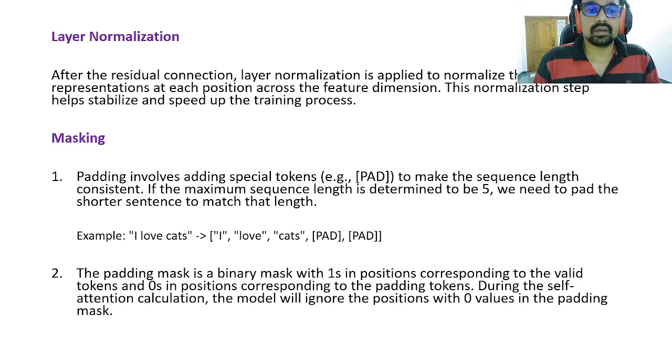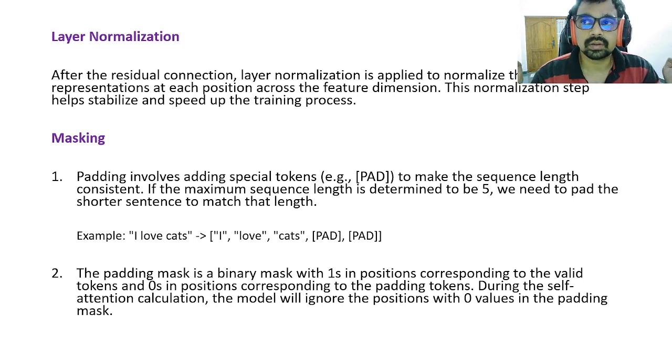And masking. Masking is nothing but adding special tokens called padding to your input sequence. Let's say your predetermined sequence length is 10 and your input sequence length is 5. These lengths have to match, because in our transformer models we do a lot of element-wise operations. If the dimensions are not the same, then these element-wise matrix multiplications cannot happen.